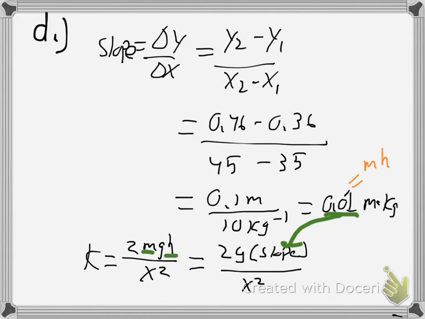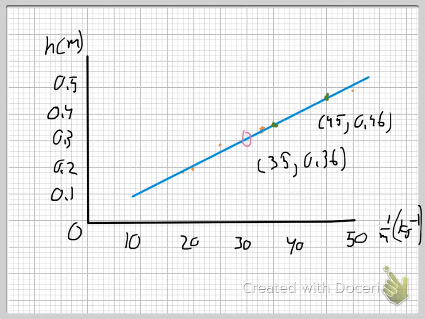Alright, on to the last part, E. In E, we are writing a procedure describing how we would measure the height in an experiment, given that the toy is only momentarily at the maximum height.